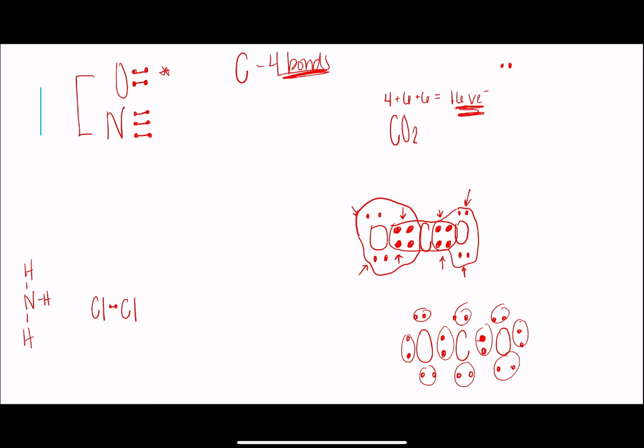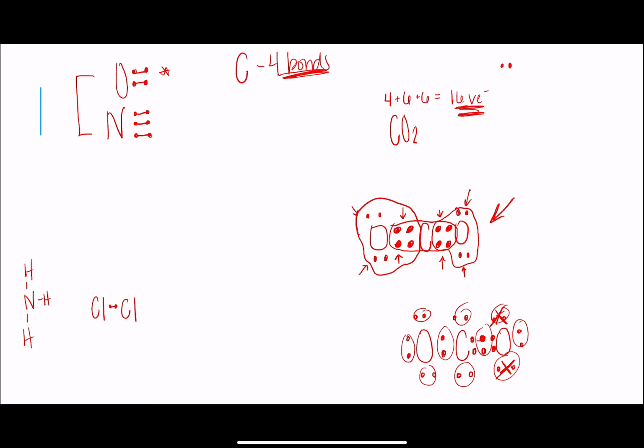So that fills the octet rule, but it doesn't work, okay? And you can draw many other versions of that. You could probably try to put a triple bond in here and get rid of some of these sets of electrons, but it doesn't work. You have to draw it like this. That's the only way you can make a Lewis structure that fills all the rules. That's symmetrical as best as you can, that has 8 valence electrons on every element, and that fills the octet for all of the elements, okay?